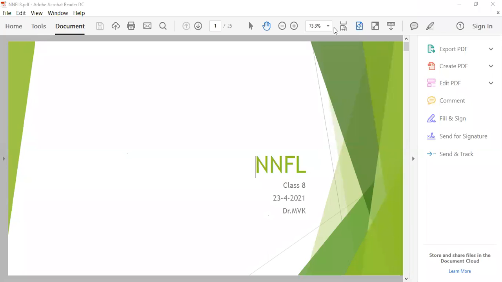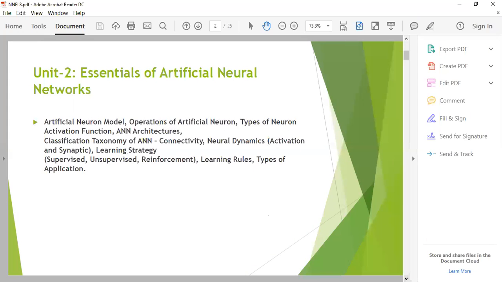We have already discussed the basic biological neural network model and how the artificial neural network is designed based on that model.